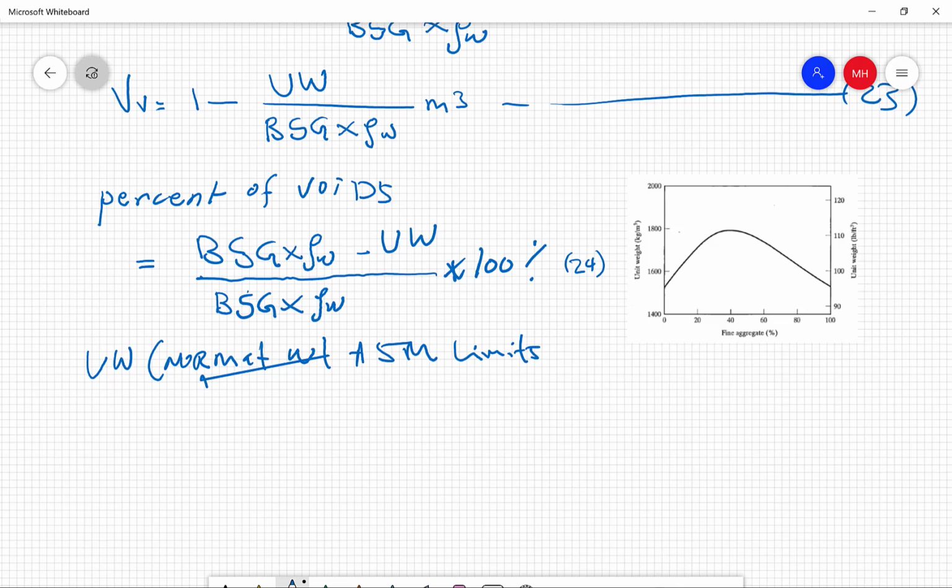These, as we mentioned before, are in the range 1450 to 1750 kilograms per cubic meter. That's the range of the densities of the aggregates we use. Okay, but a plot of unit weights for various aggregate blends of two particular aggregates shows a maximum unit weight.